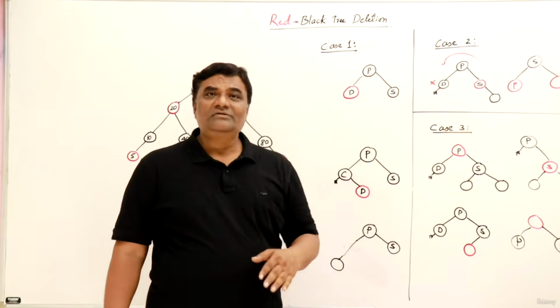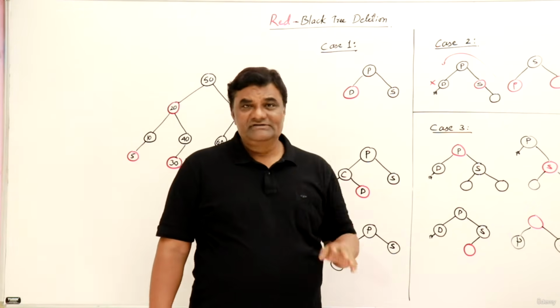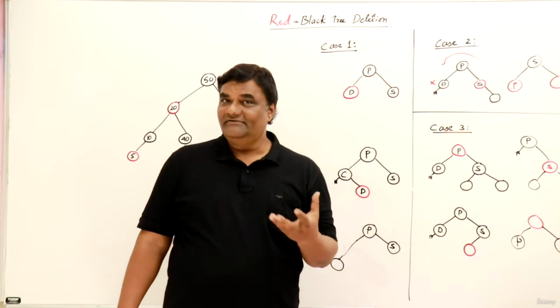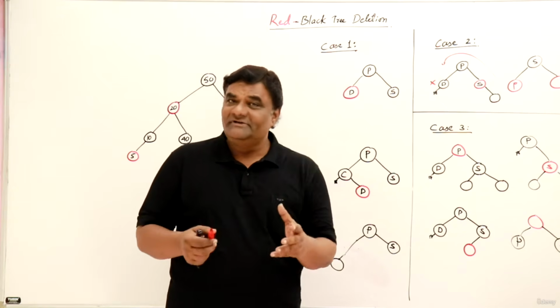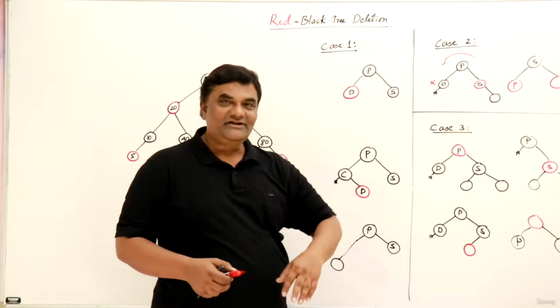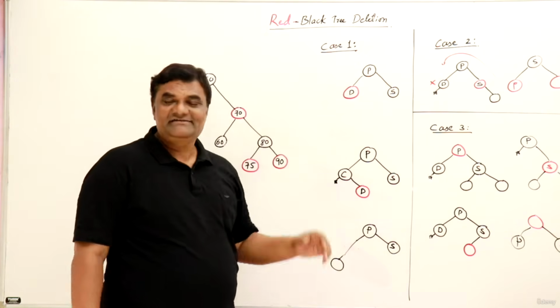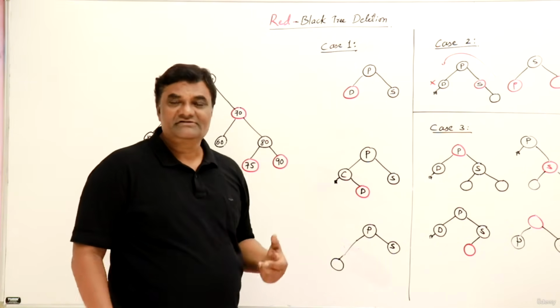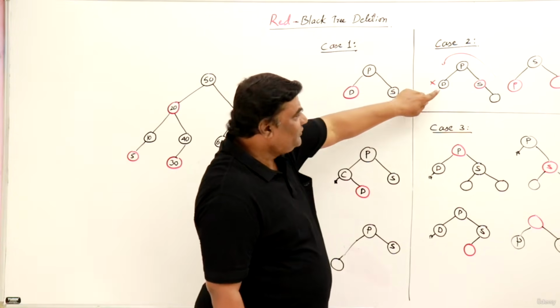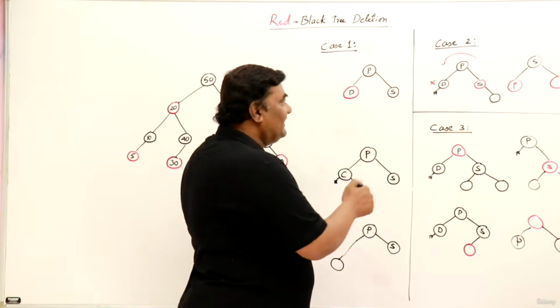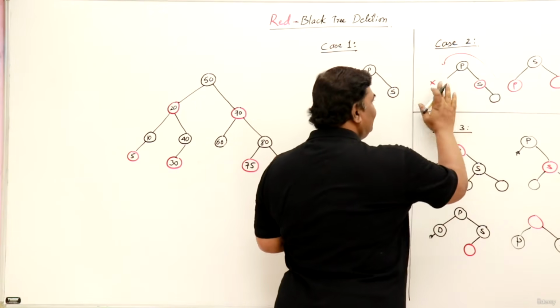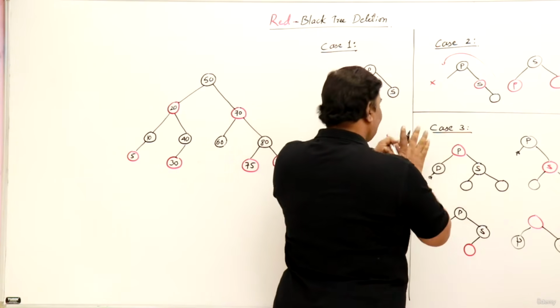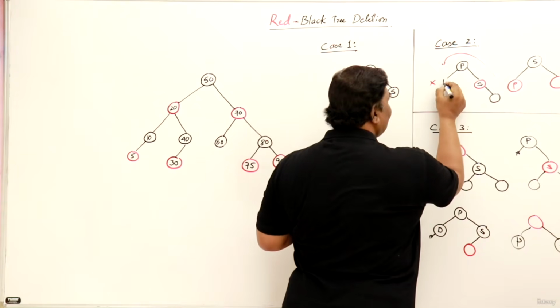So we are bothered about the number of black nodes along every path, that is black height. We are bothered about that. And the problem is when the node is black. If the node that you are deleting is black, then there are other situations. If a node is black and it is deleted, then this null, which is already black, comes here, right?